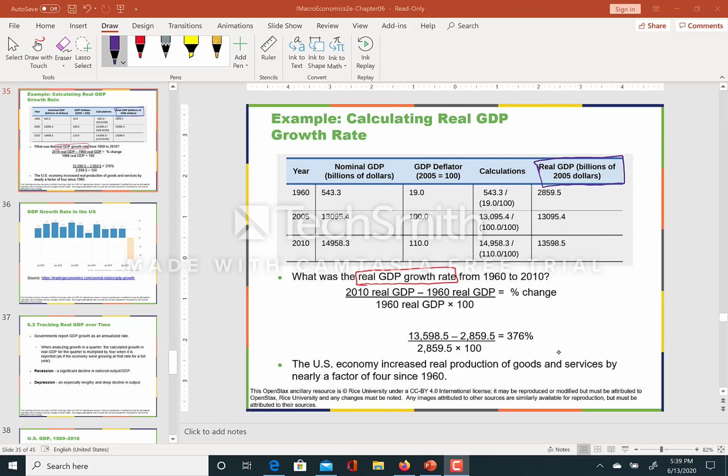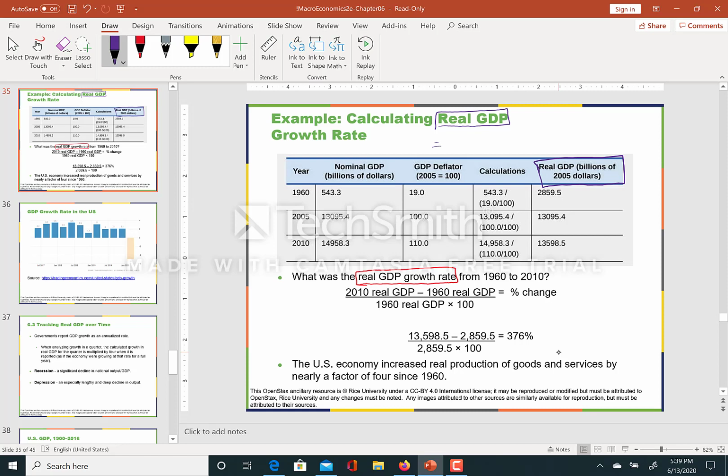Hey all, in this video I will look at calculating the real gross domestic product growth rate. Remember, it's going to be the real GDP growth rate, not the nominal GDP growth rate.